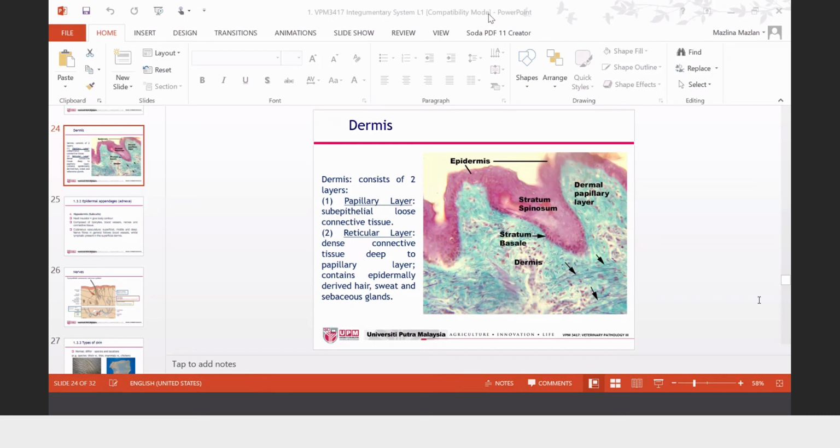Basically it's going to be looking at images, and I'll give you a set of questions to answer based on the images projected. I think we can do it this Friday. It's a face-to-face practical, but we need to adhere to the SOP, so I'm going to need your cooperation to distance yourself from each other, and we'll try to work it out this Friday.